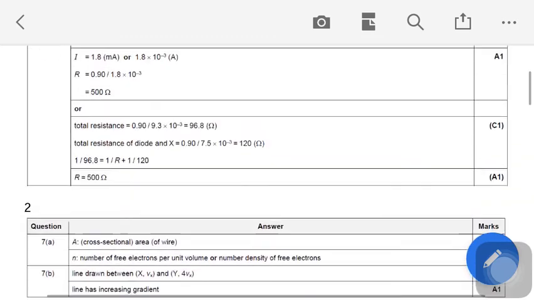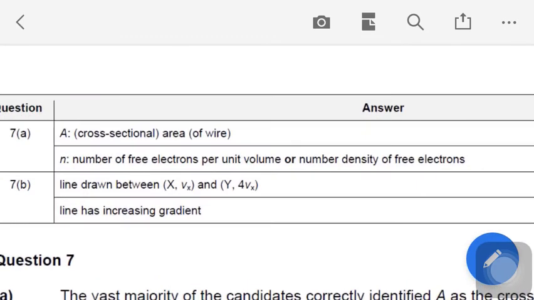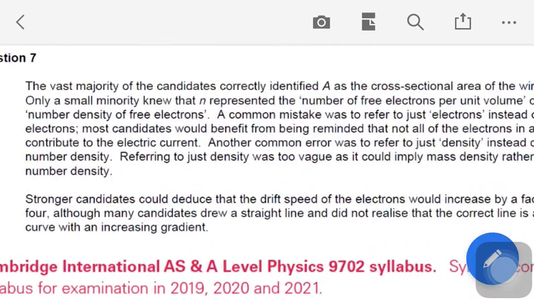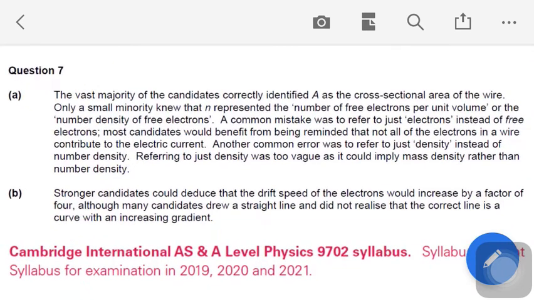Now here they are saying free electron instead of charge carriers. Does this mean that if you say charge carriers you won't score marks? Well, if you look at the examiner report, there is no such mention or discussion about that point.